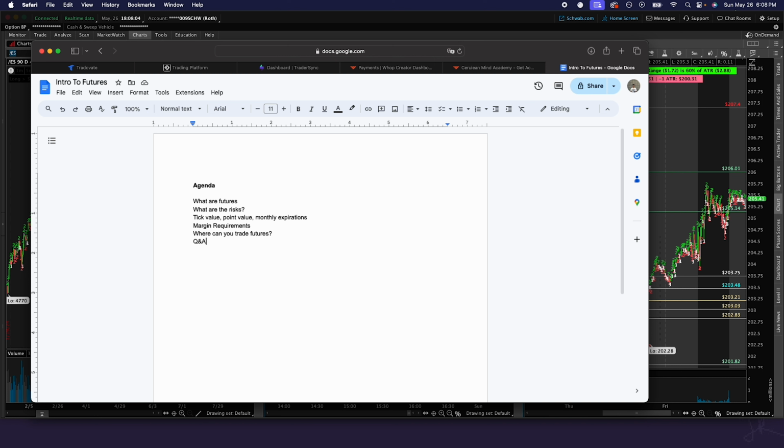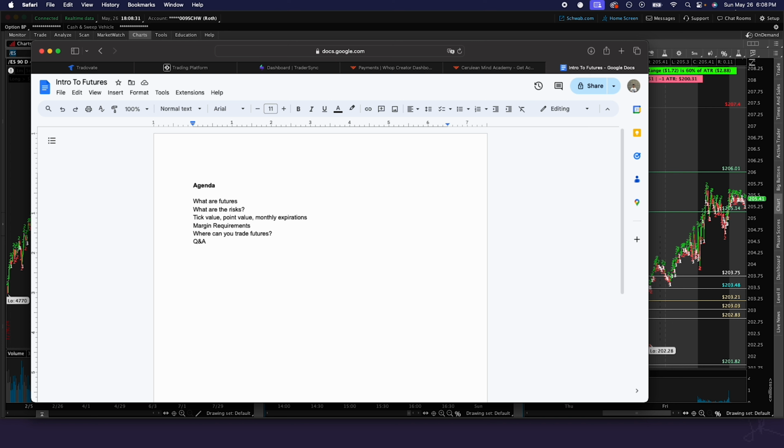Now, when it comes to the risks of futures, one thing that's very different for those who may be used to trading regular stocks, or options, specifically when you go long on options, not when you short it, because that's on margin, which we'll talk about in a bit. So for futures, you're pretty much using margin to trade.